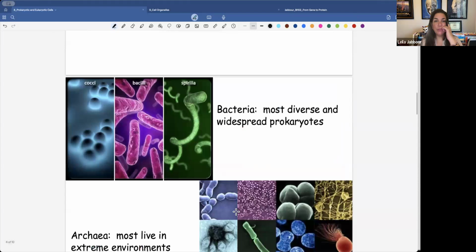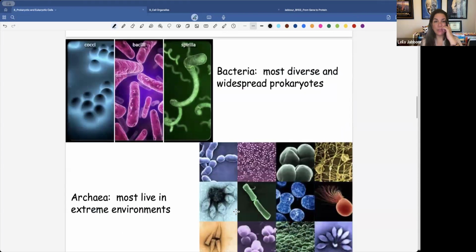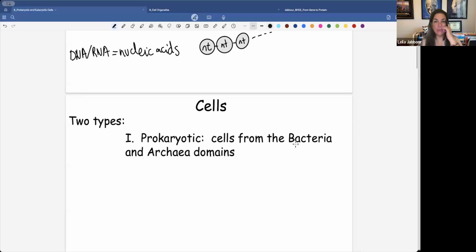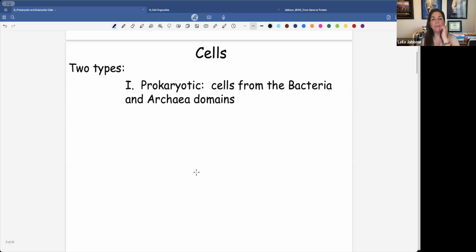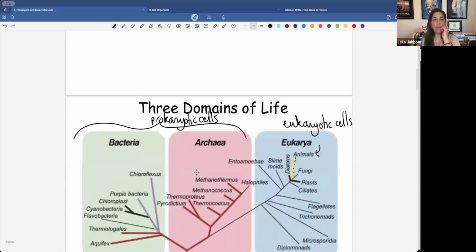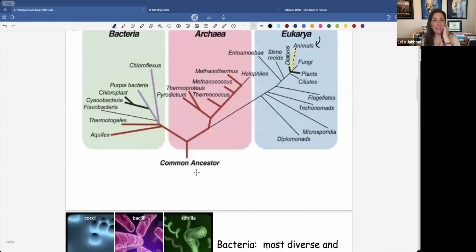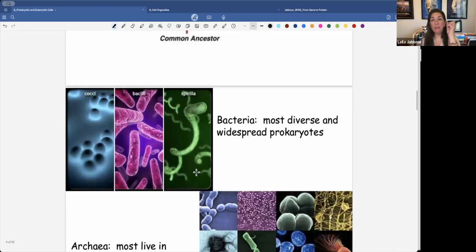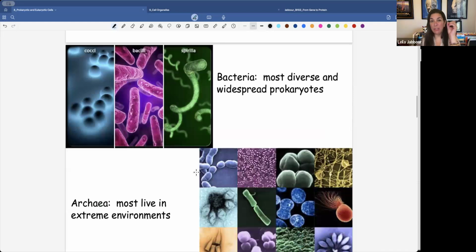If we first look at bacteria, because this is where we're starting, prokaryotic cells from the bacteria and archaea domains. Bacteria are truly the most diverse and widespread of the prokaryotes. When we talk about prokaryotes, we're usually talking about bacteria. Bacteria come in different shapes.